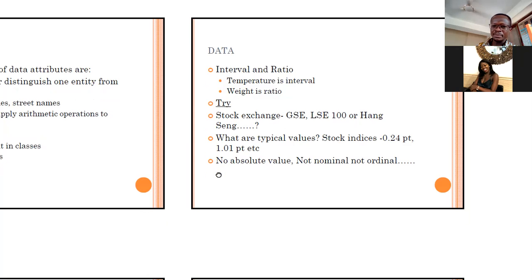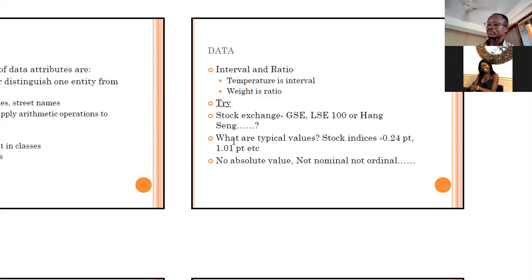So here we see an example: stock exchange. What do you think? Is a stock exchange ordinal, interval, ratio? Or nominal, ordinal, ratio, interval? Or can we look at other things? Is it absolute?